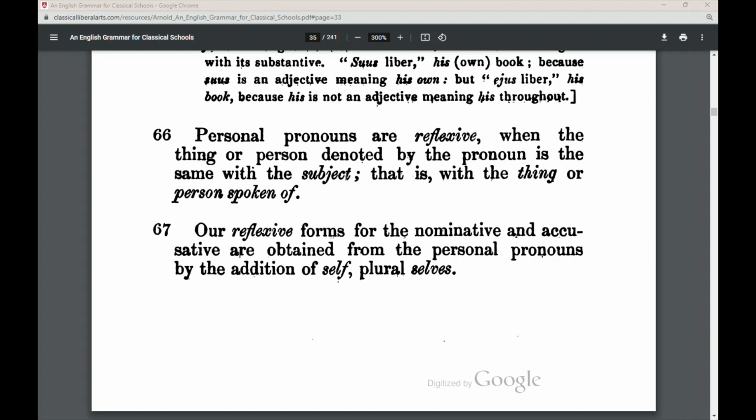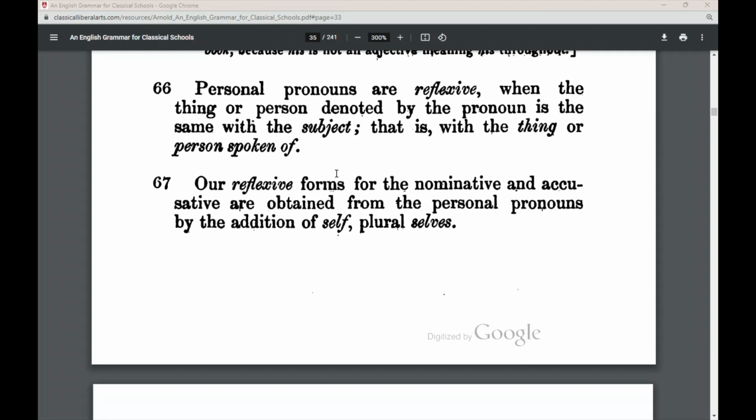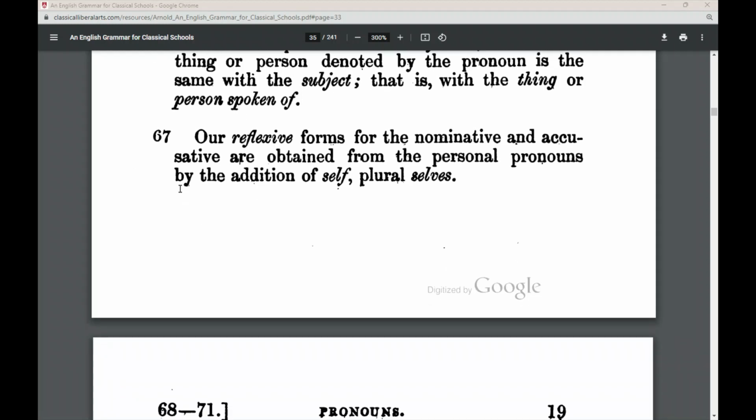The subject of the sentence is I. And I teach myself. Myself refers back to I, the subject. The subject and the object of that sentence are the same person. These are called reflexive pronouns. Let's move on to Article 67.